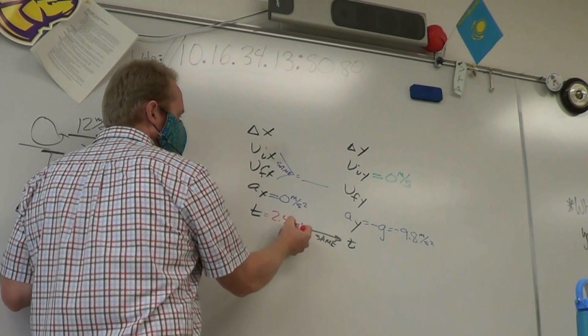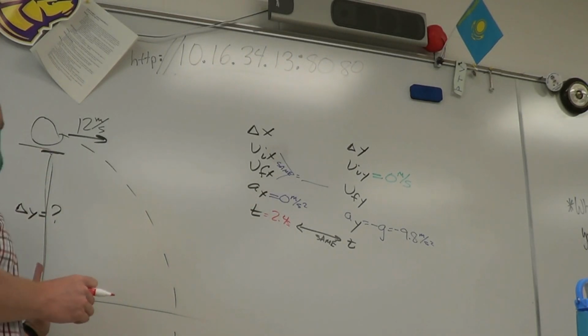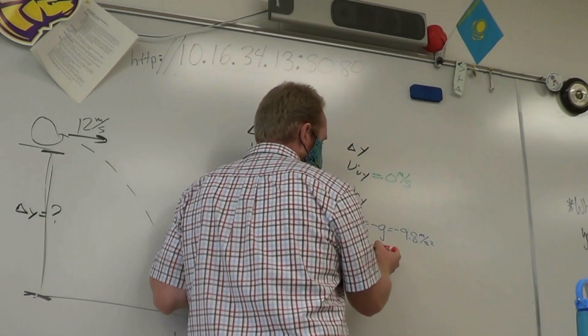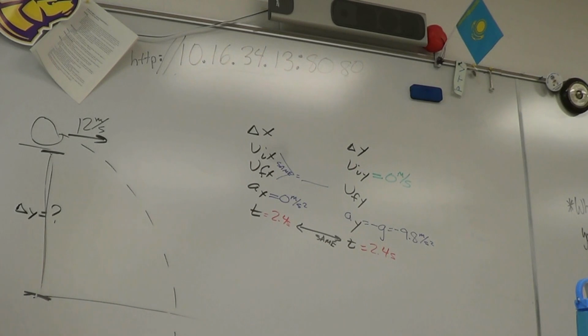So it took 2.4 seconds to go from here to here in the y direction, and it took 2.4 seconds to go from here to here in the x direction. Okay, so we have 2.4 seconds, and then 12 meters per second. Meters per second is a type of velocity. Now we just got to figure out where.